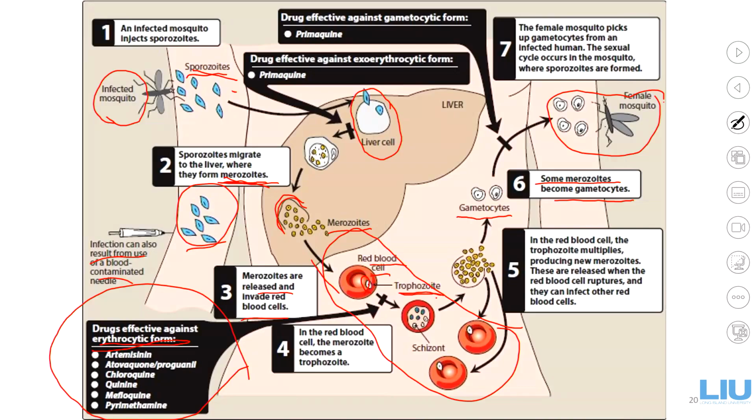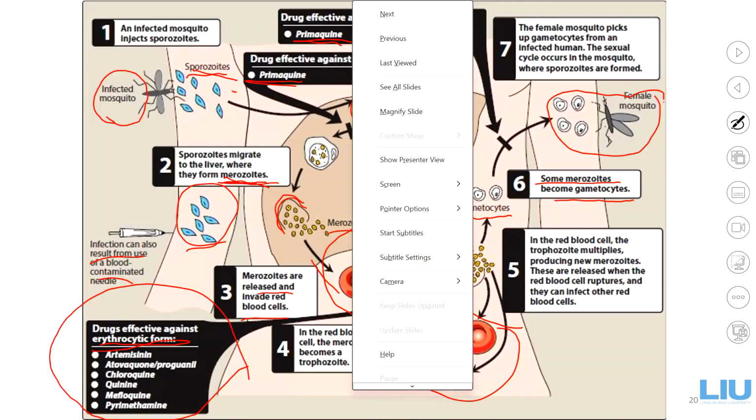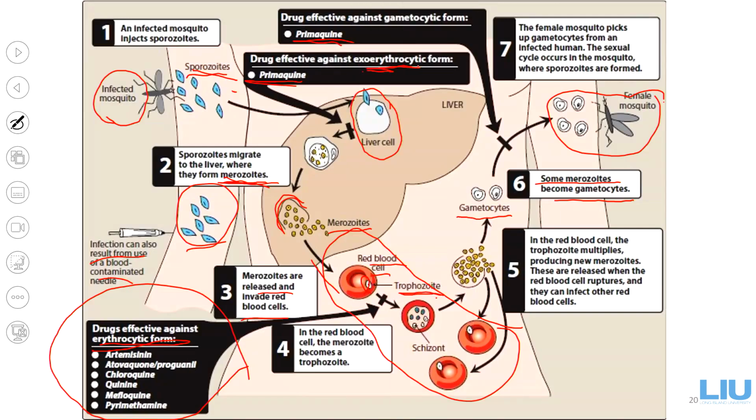We only have one drug, primaquine, that could act on the exoerythrocytic forms, such as the merozoites and also the gametocytes. That's the only exception, the only drug that acts on the gametocytes and the merozoites. Everything else acts on the erythrocytic forms, which are the trophozoites.